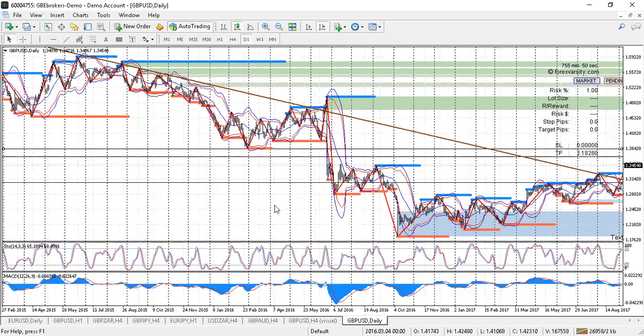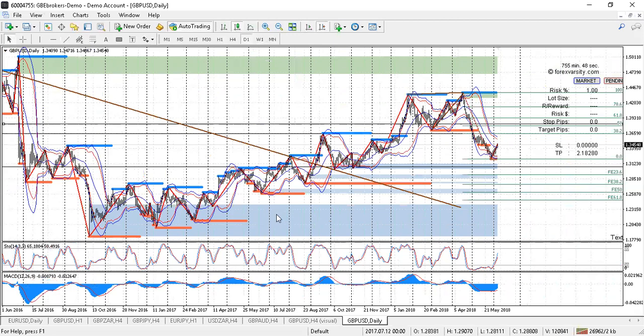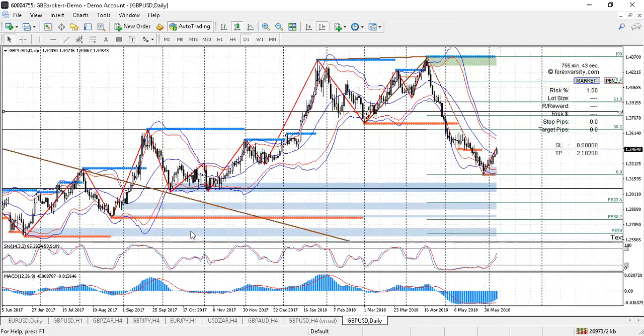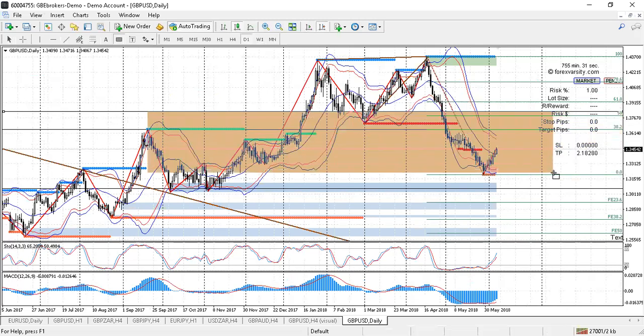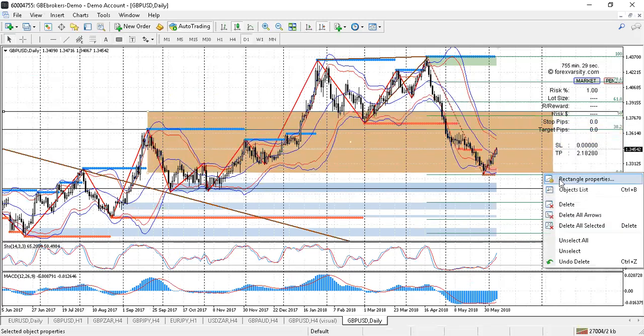And I wouldn't have seen this level had I not zoomed right out. So at the moment, the way that I'm seeing it is that this would be my zone from just a bit above your 50 to your 38.2. Obviously, it would be a sell zone. So make that tomato color.